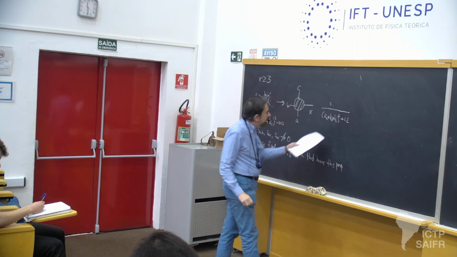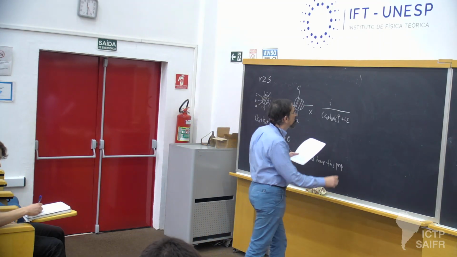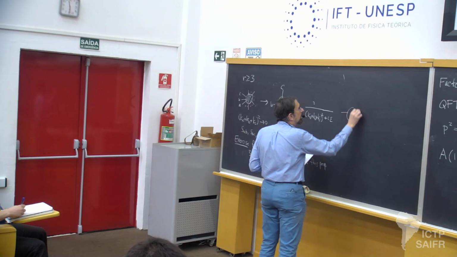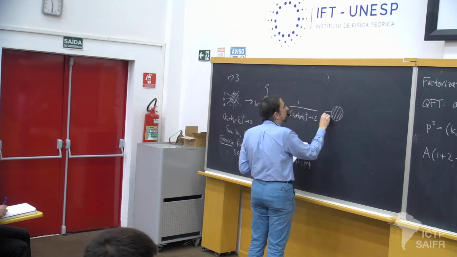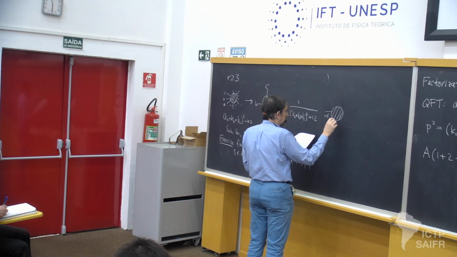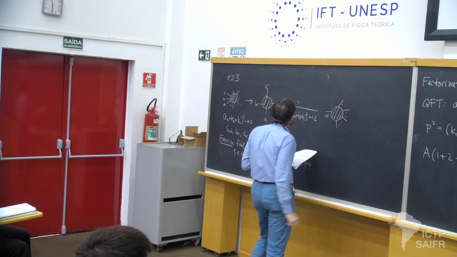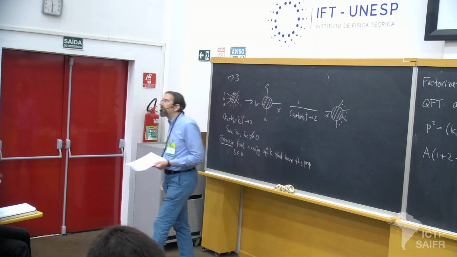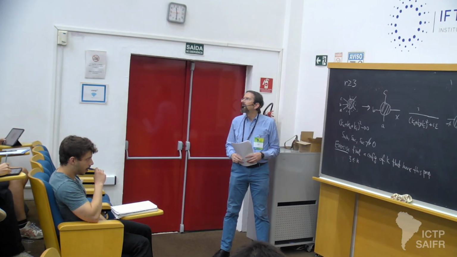I will typically omit the i epsilons, but you should always think of them being there. And then there's some higher point amplitude that takes the x into the remaining legs. So I'm missing one thing here. Does anyone see what I'm missing?